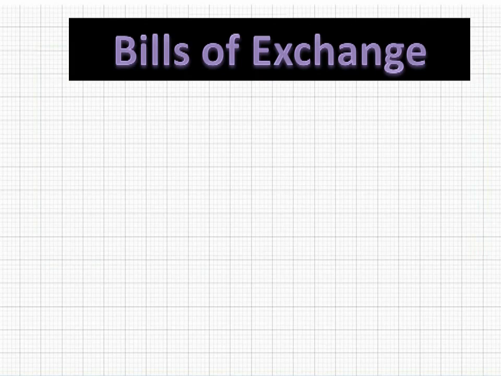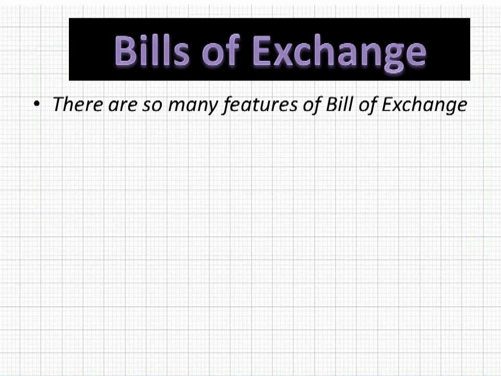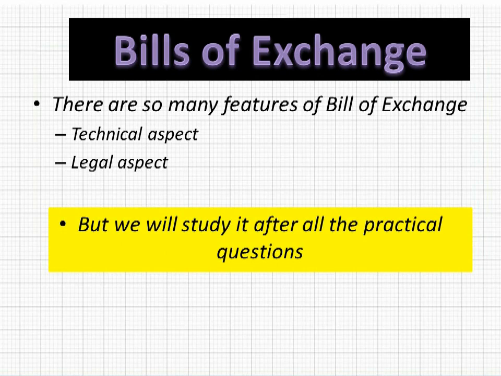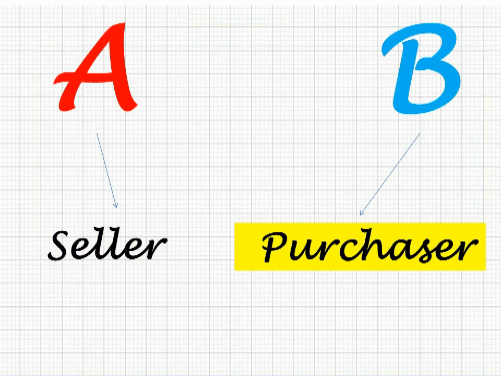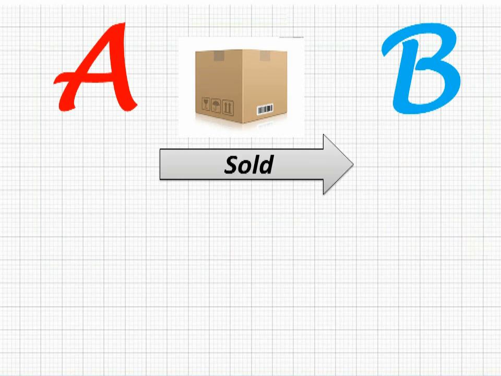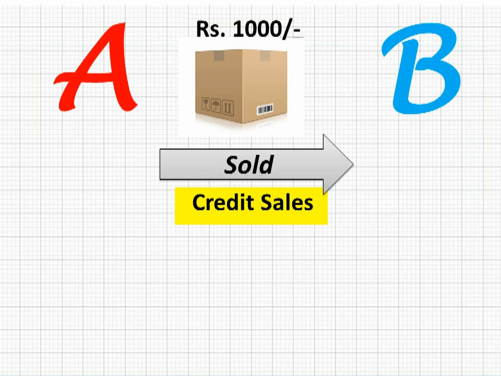There are so many features of bill of exchange, technical aspects, legal aspects, but I'm not going to touch all these things. I will explain you at the end of all these practical questions. So let's come back to the situation. A is the seller and B is the purchaser. A sold goods to B on credit basis, means it was credit sales, for rupees 1,000.